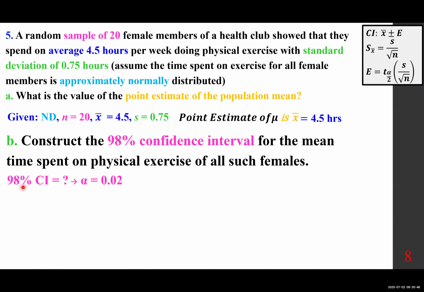So we want a 98% confidence interval, which means alpha is 0.02. That means the total area in the two tails is 0.02, so each tail is half of that, 0.01.